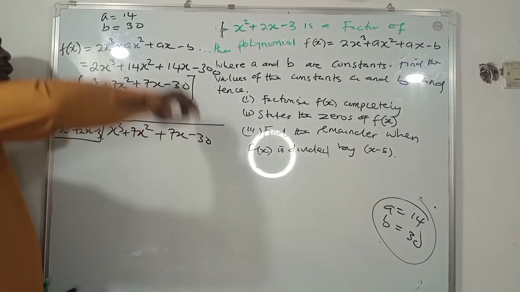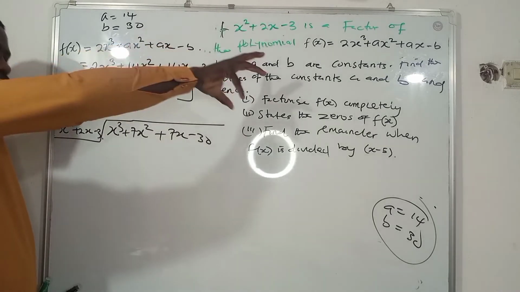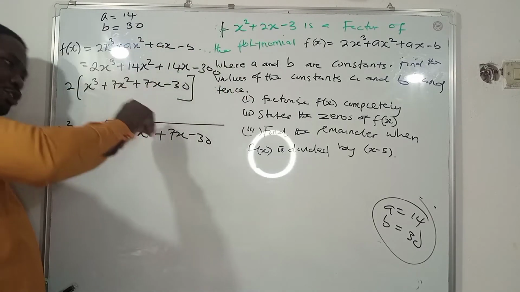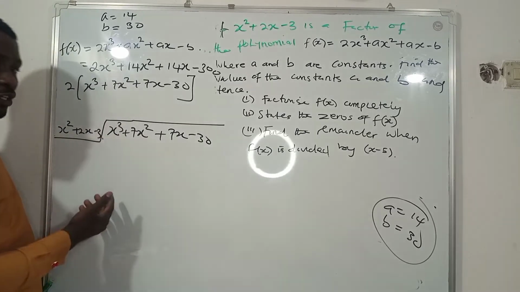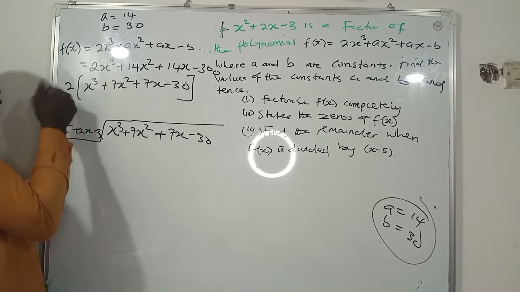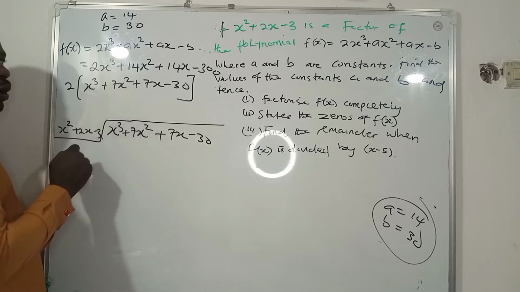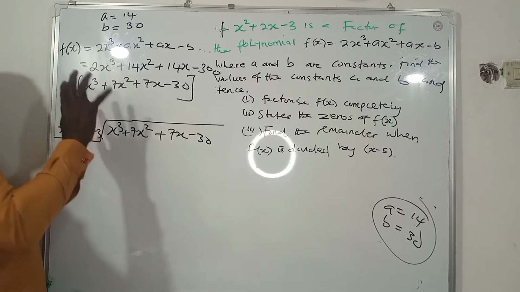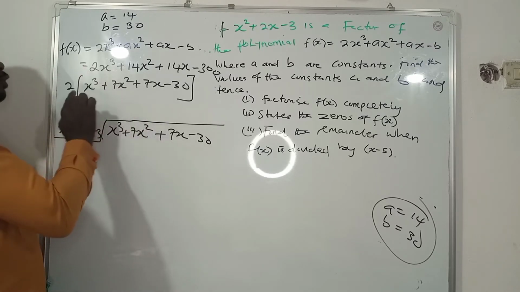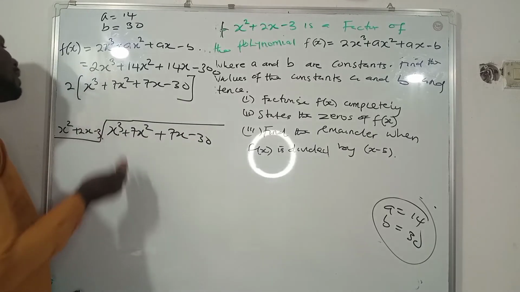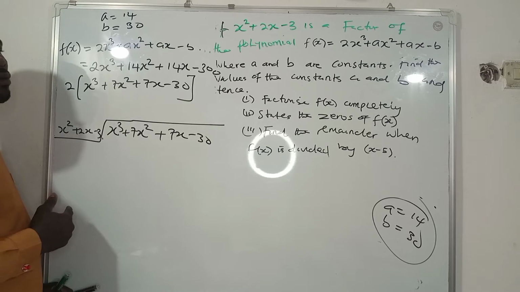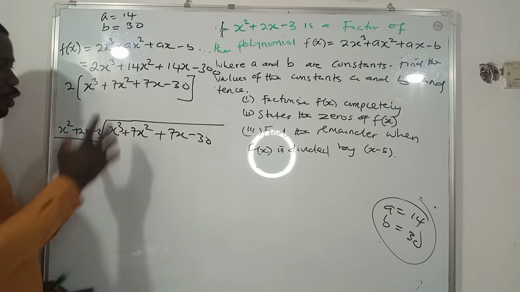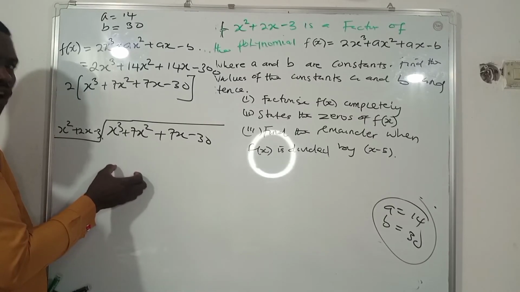From the beginning we were told that if x squared plus 2x minus 3 divides this expression, the remainder will be 0. Now how do I go about the division? Remember we have 2 already here. This 2 will come into play. 2 is common to all. I factorize the 2 out for simplicity because I know that 2 is common to all the terms, so that it will be easier for us to handle these numbers.